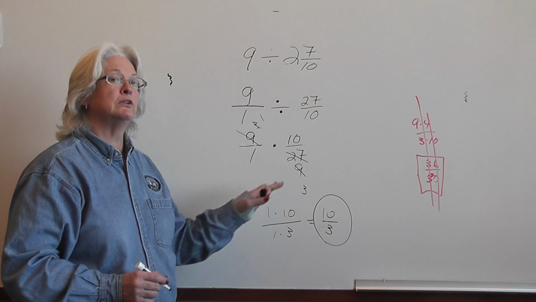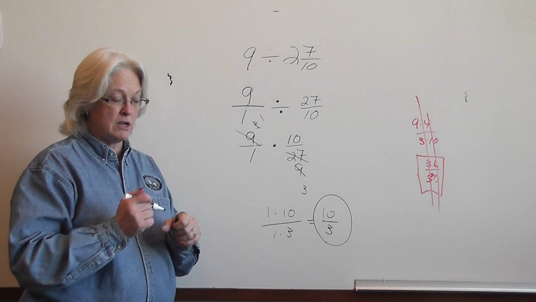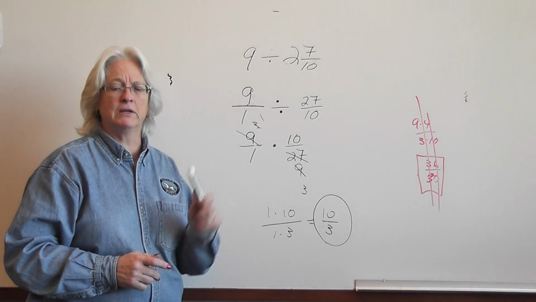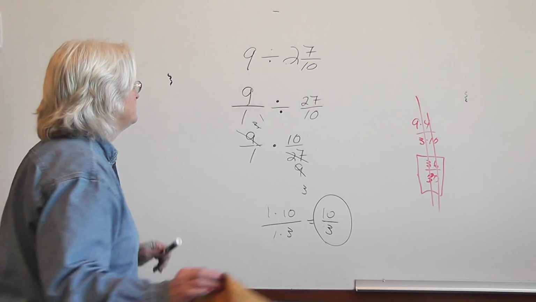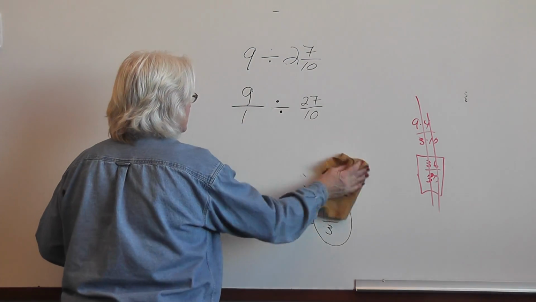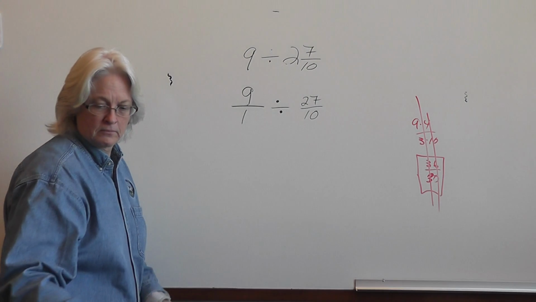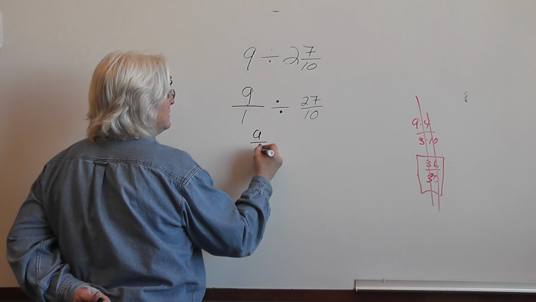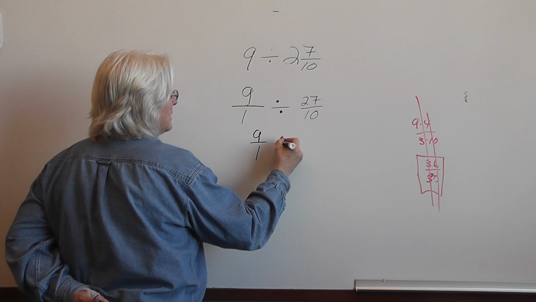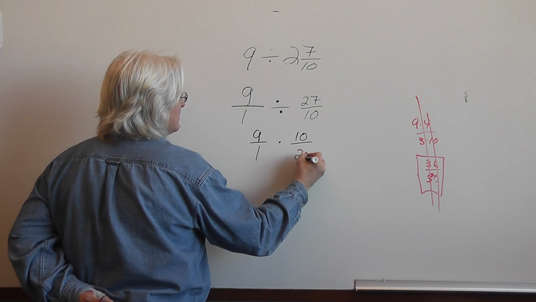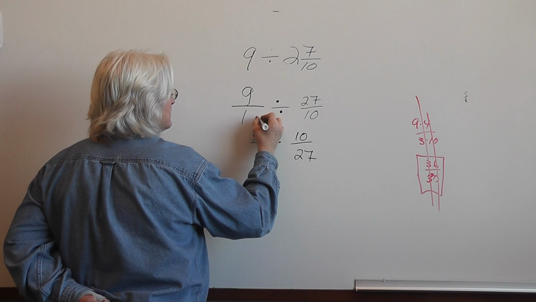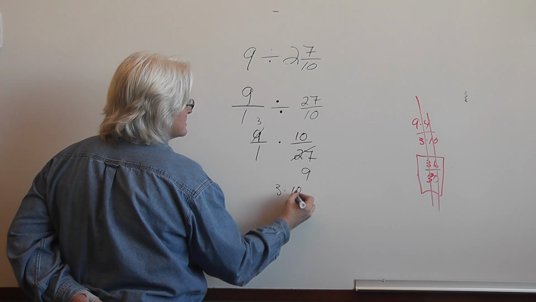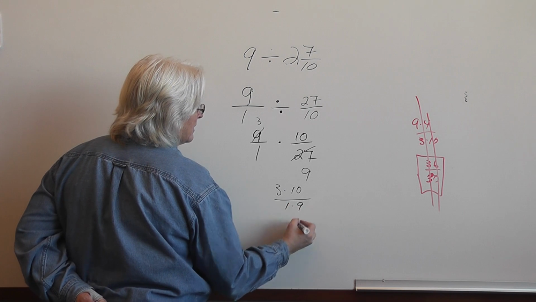I divided by 3 twice. I could have divided by 9, but let's reverse this a little bit and see what might have happened if I had done something a little differently. What if I had said 9 over 1 times 10 over 27, and simply divided by 3? 3 times 10, 1 times 9.